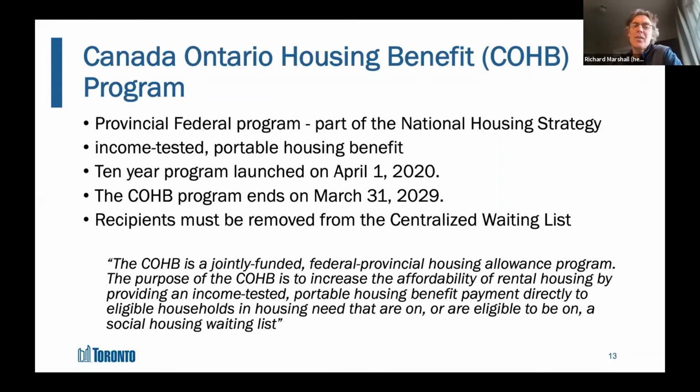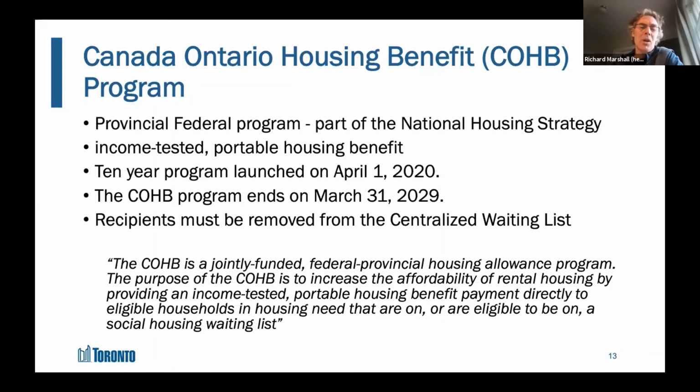Okay, so the Canada-Ontario Housing Benefit Program, similar to the housing allowance that Catherine just described, is a provincial federal program. It's part of the National Housing Strategy. What it is, is an income-tested portable housing benefit. It's a 10-year program that was launched April 1st, 2020. Not a great time to launch a program just as the pandemic was getting going, but that's what we had.